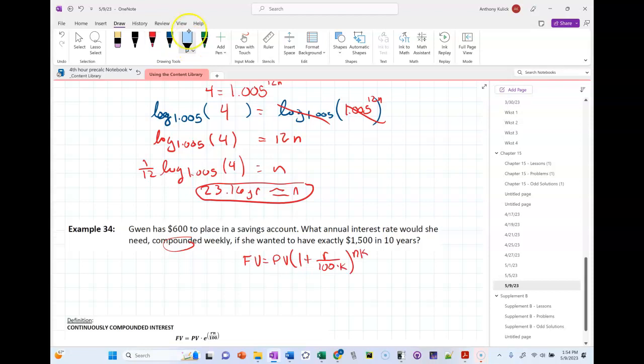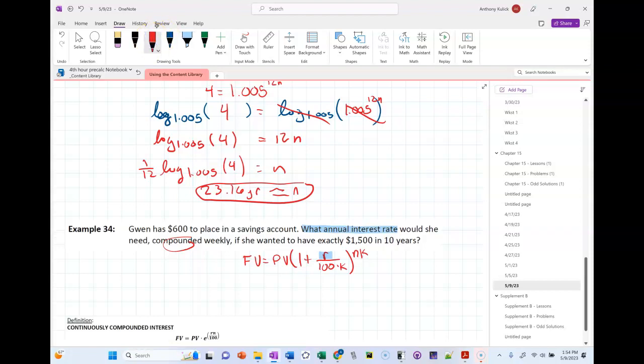But what parameter am I solving for? PV, FV, R, K, N. Solving for R this time, because it's asking for the interest rate.